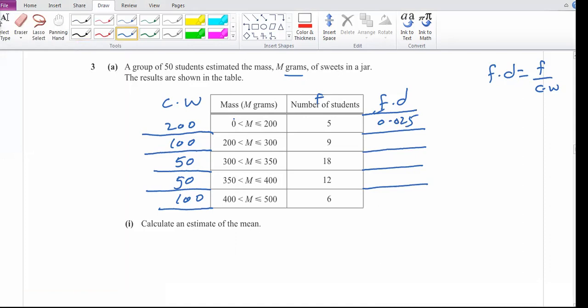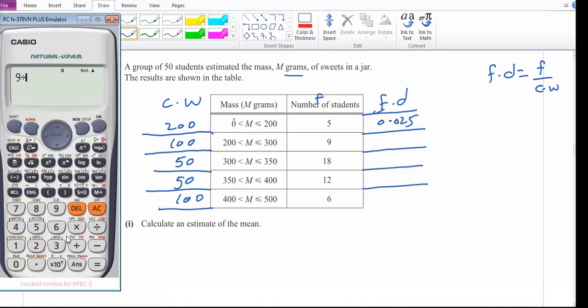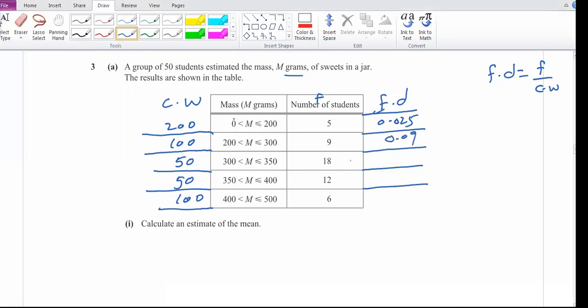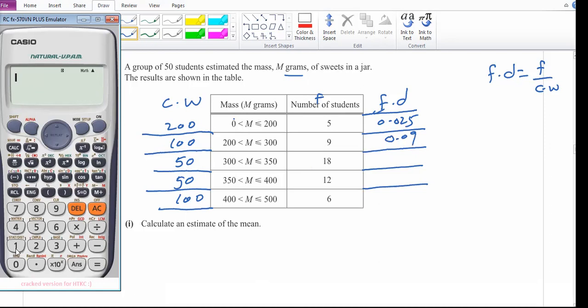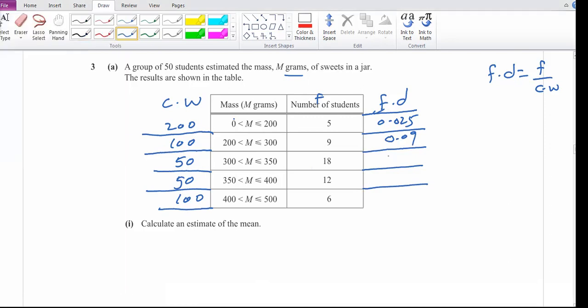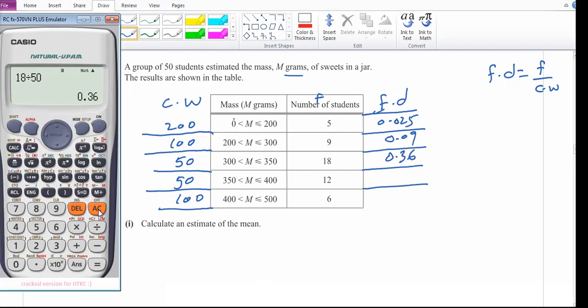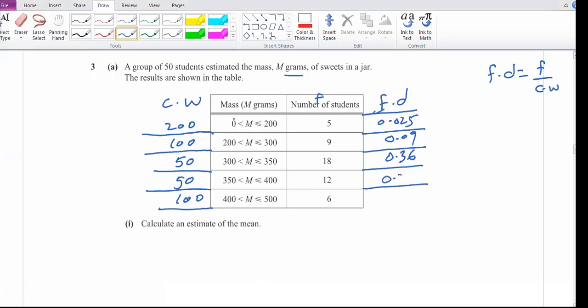For this one, 9 over 100, 0.09. 18 over 50, 0.36. Okay, 12 over 50, 0.24. And then 6 over 100 will be 0.06. So we write frequency density and class width for each class.